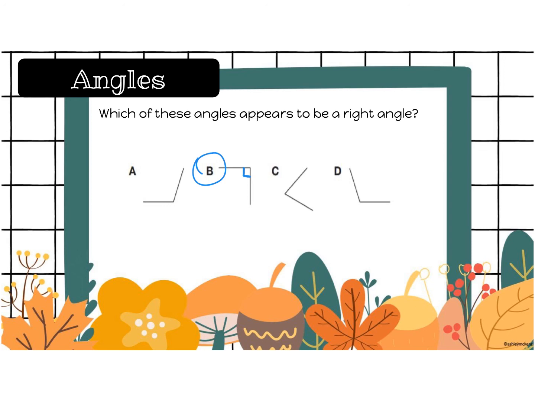If it's not a right angle, Jeremy, what is it? It is obtuse. Very good. Raise your hand and tell me what kind of angle is C, Kaden. A cute little angle. And Otto, what is D? It is obtuse. Very good.